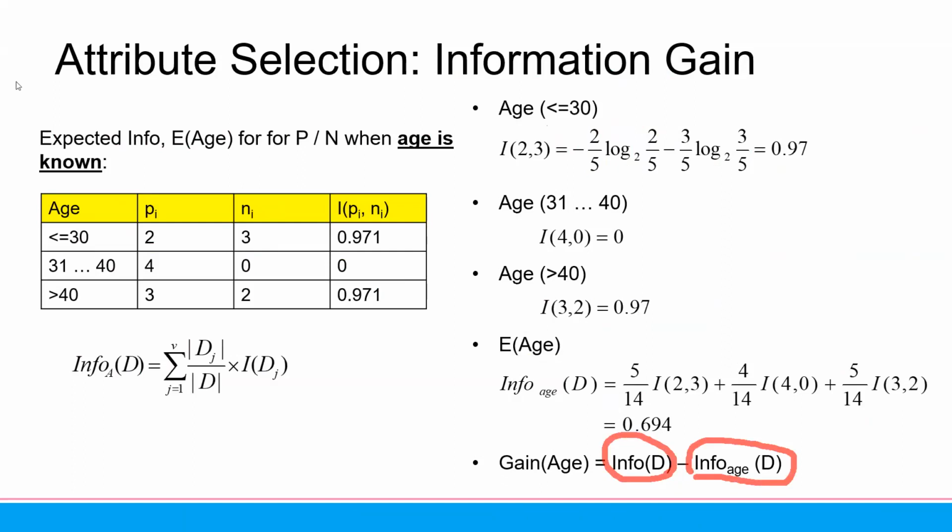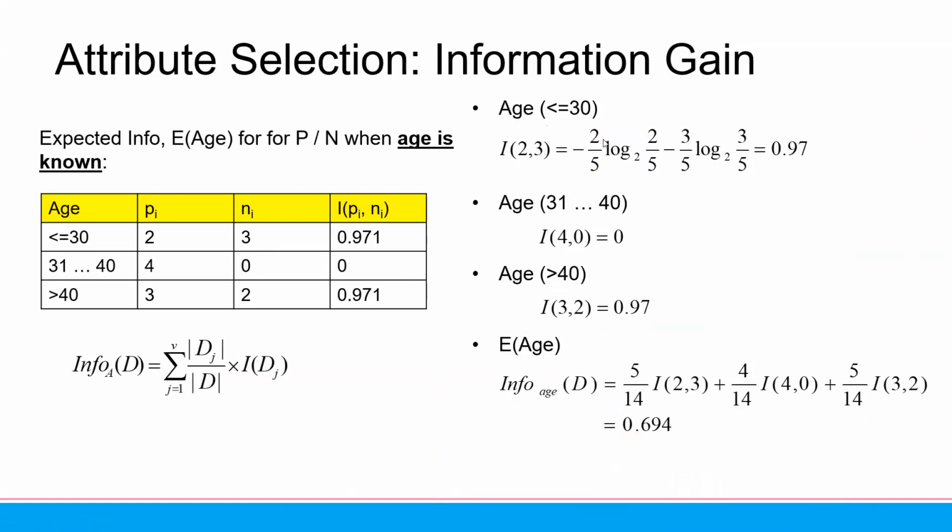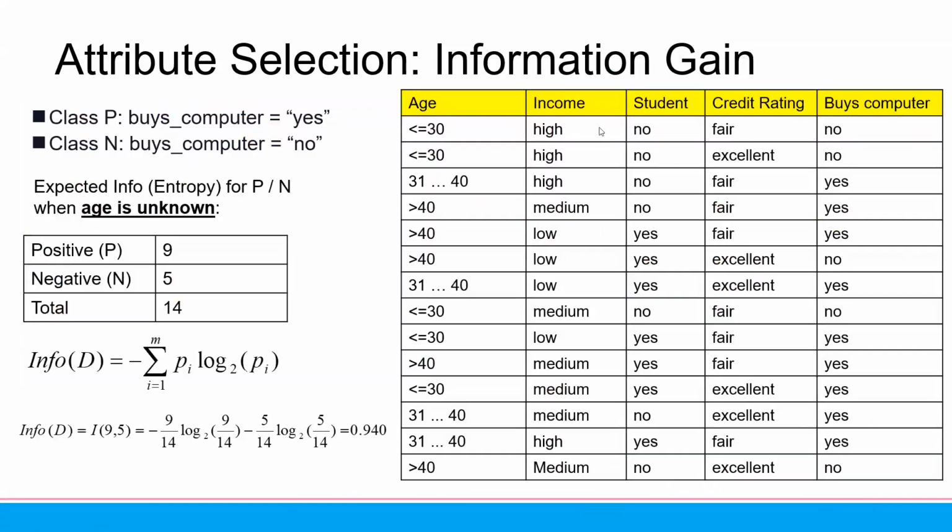So it means what we got is 0.940. How do we get this number? This number is from this one. This is the Info(D) from the whole data.